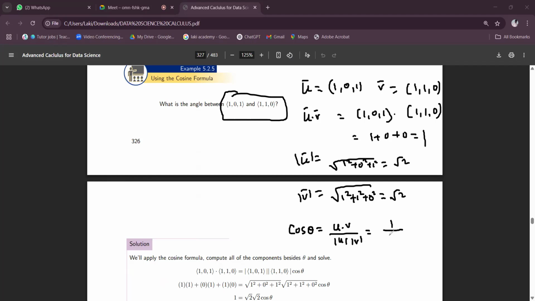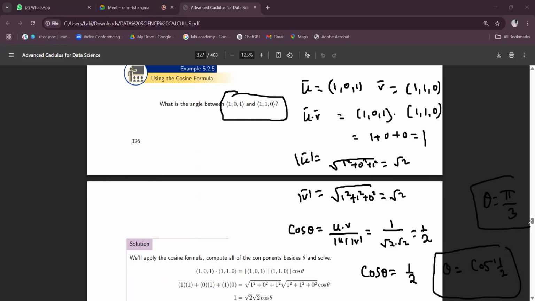The dot product is 1 and the denominator is root 2 into root 2, which is 2. So cos theta is 1 by 2. Theta is cos inverse of 1 by 2, which is 60 degrees.